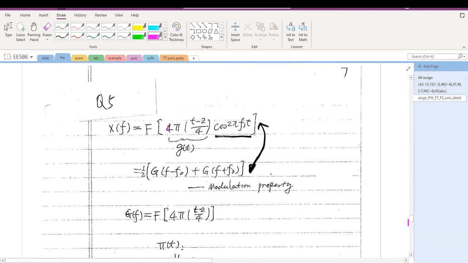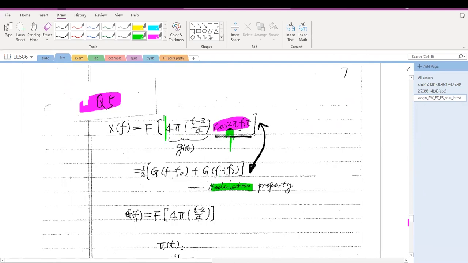Now to obtain the Fourier transform for this question, we want to use Fourier transform properties. So this question is to practice Fourier transform properties. First of all, here we can see some signal multiplied by cosine 2 pi f naught t. We're going to use the modulation property.